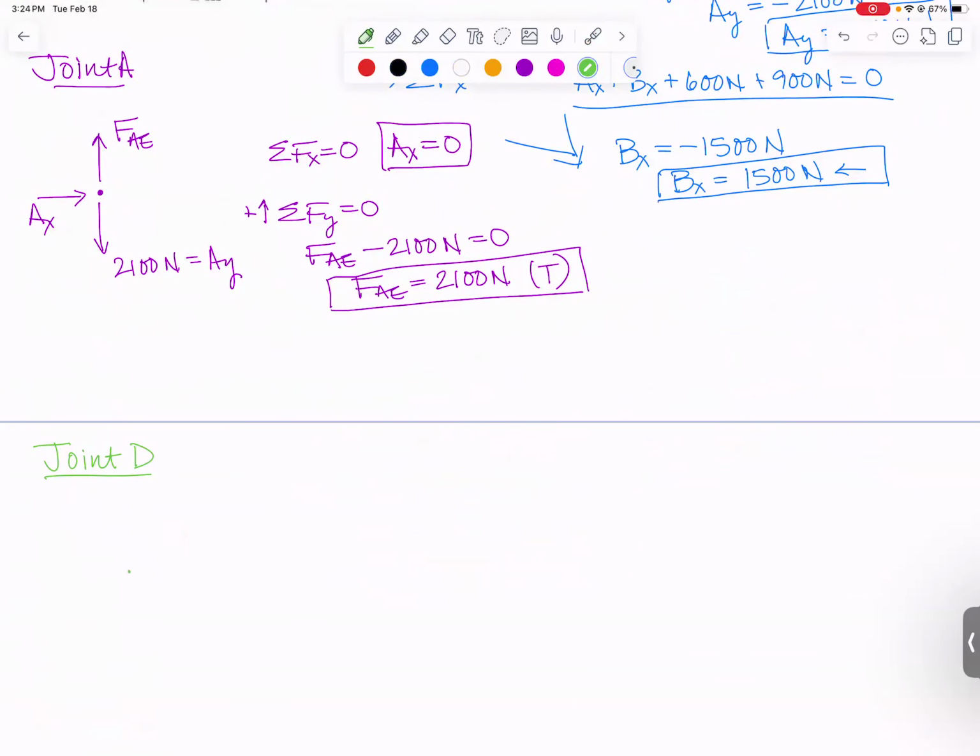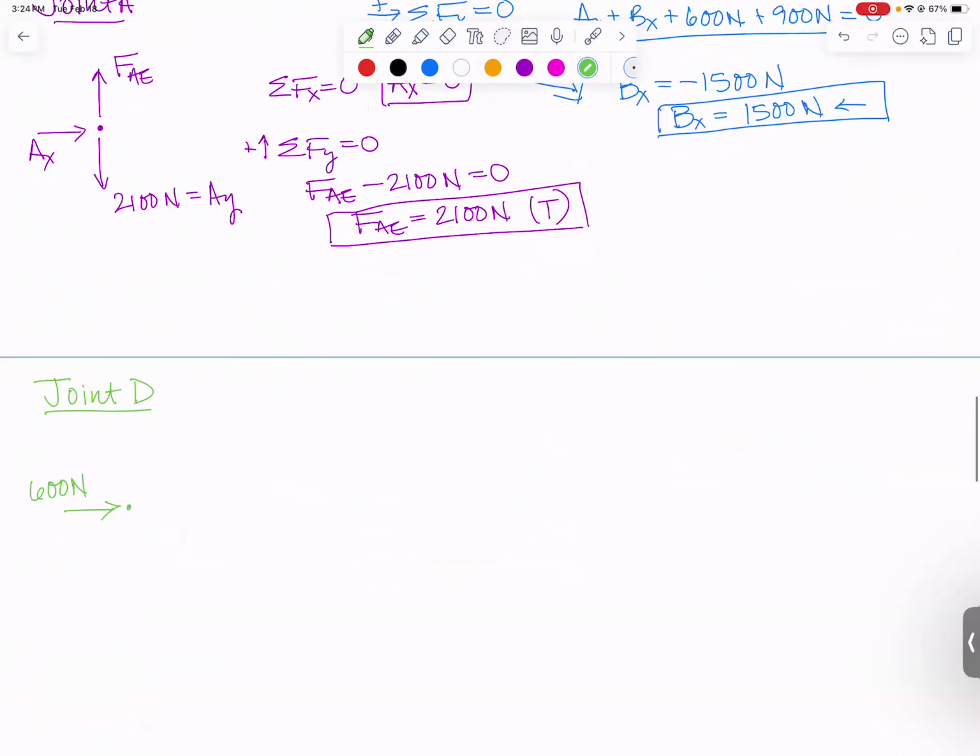So joint D, there is a dot for joint D. Someone is pushing to the right on it with 600 newtons of force. It's got a straight down member, member DE. I'm guessing tension. I might be right, I might not. And then there's this member DC off in some direction that I'm going to need to figure out.